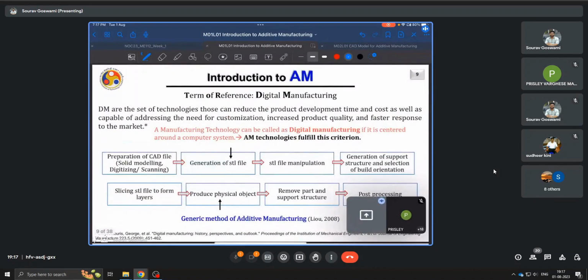Now, we were discussing some areas in which AM is absolutely necessary and where it trumps conventional manufacturing processes. And one of the reasons is that it can address the need for customization. I think the earliest example is from patient implants. So implants are highly patient specific.